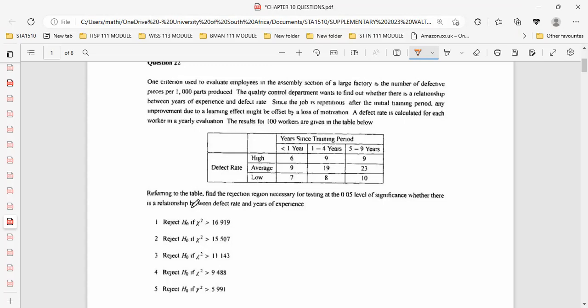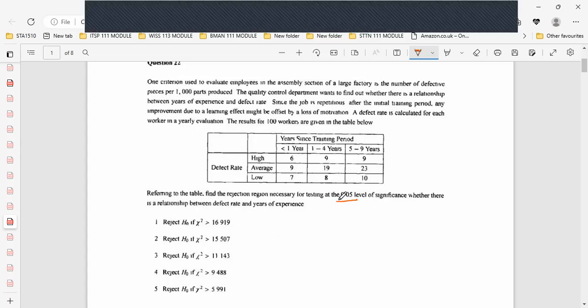Referring to the table, find the rejection region. There's no need for you to calculate the test statistic because that one is long. I'm going to give you the best method you can use. We are given the level of significance 0.05. Remember, to calculate the critical value you use degrees of freedom first.